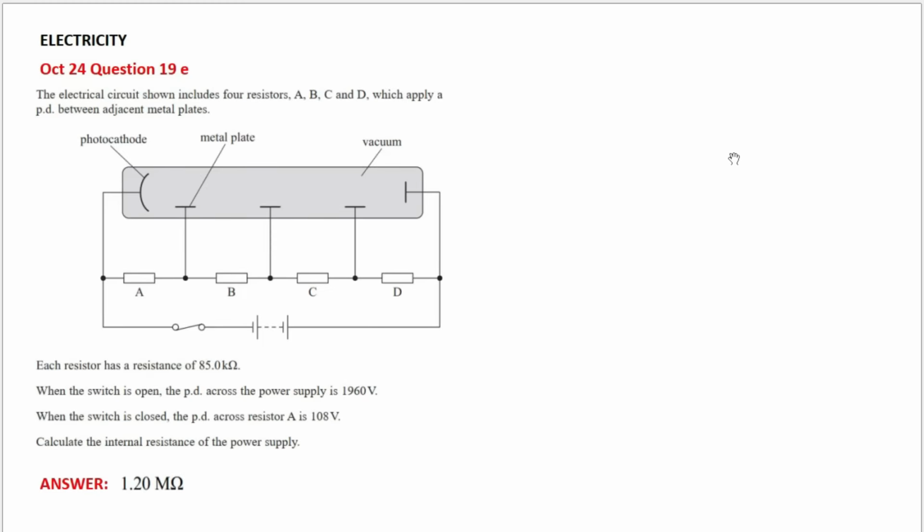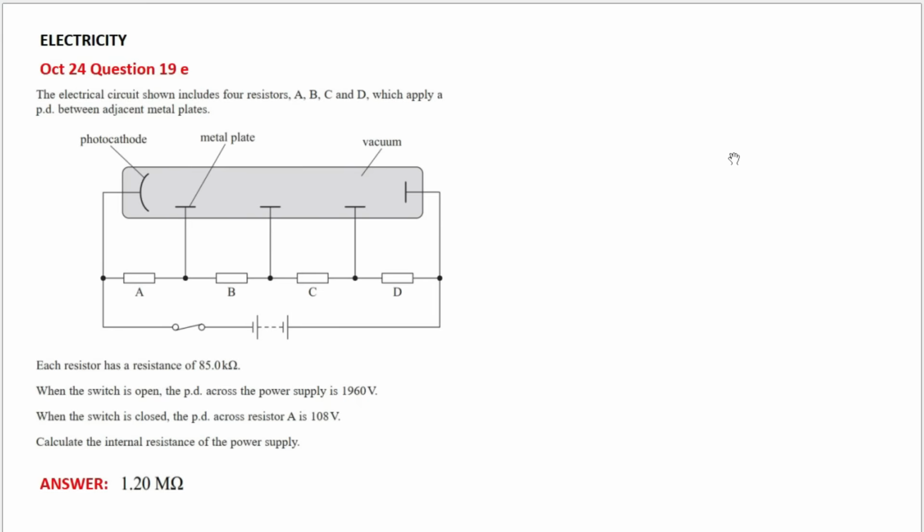Interesting. The electrical circuit shown includes 4 resistors A, B, C, D, which apply a potential difference between adjacent metal plates. Fine. Each resistor has a resistance of 85 kilo ohm.